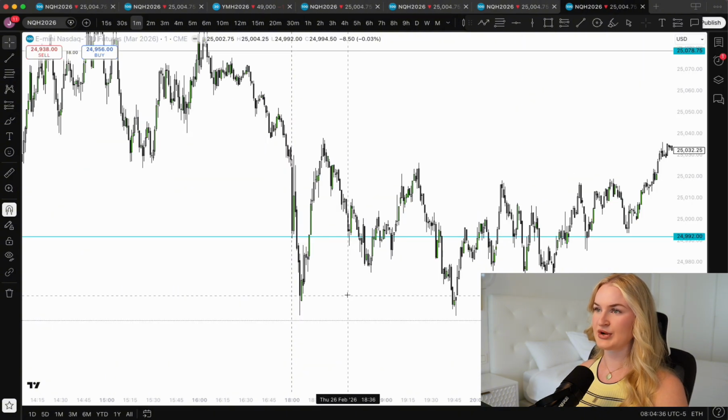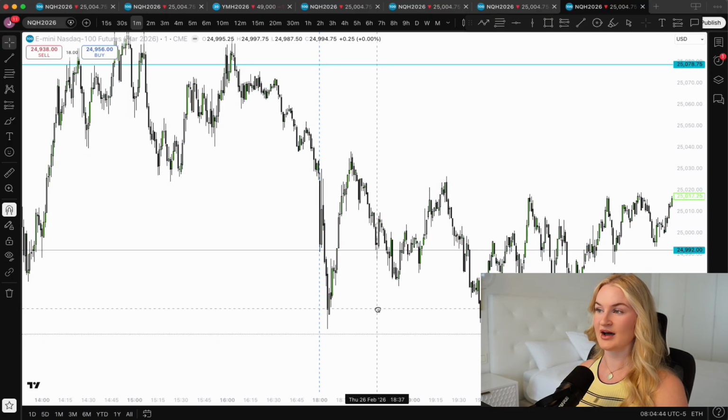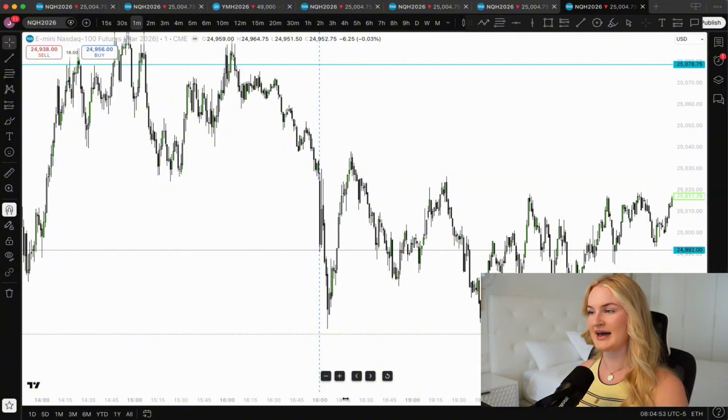So the next thing we're drawing out are new day opening gaps. And I always was so confused what those are and how to draw them out. So I'm telling you right now, and I always have 5 of them on my chart. So the past 5 new day opening gaps.